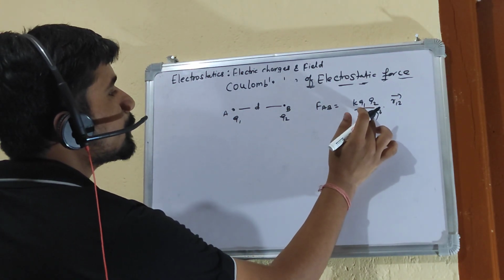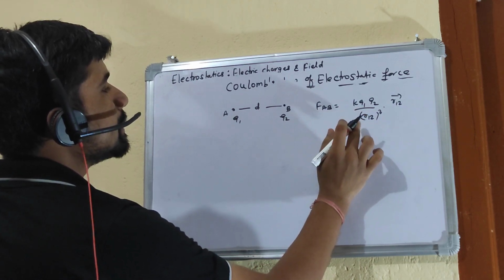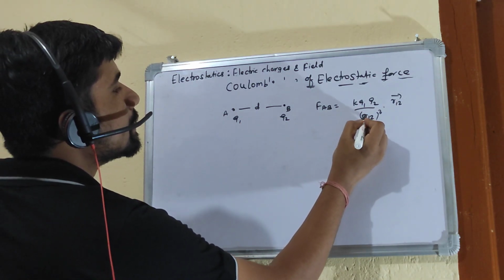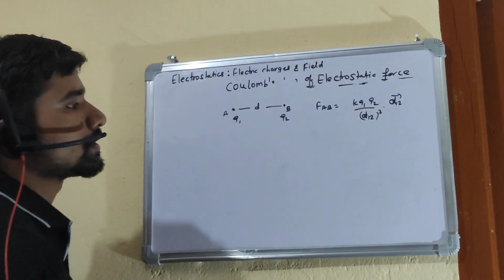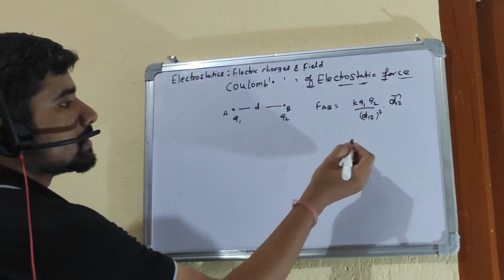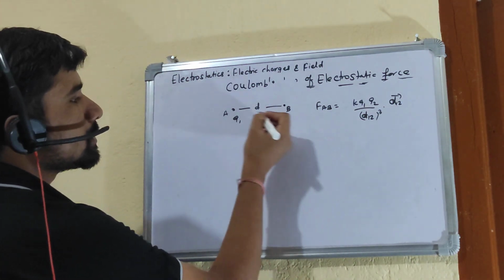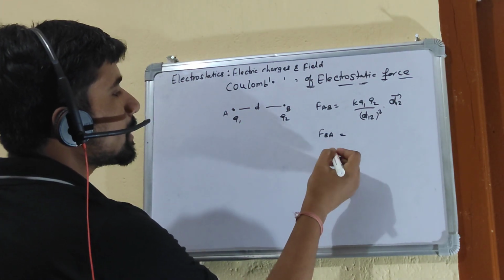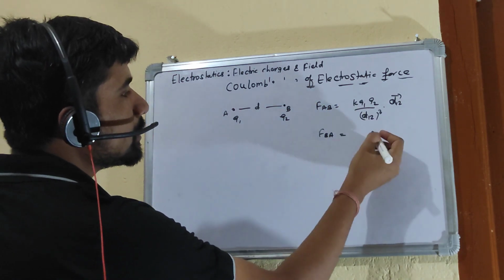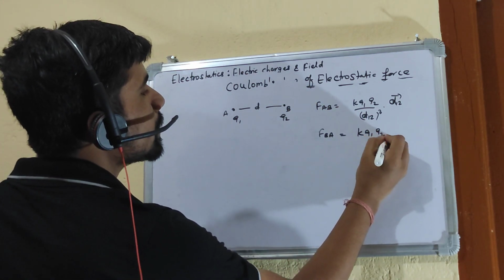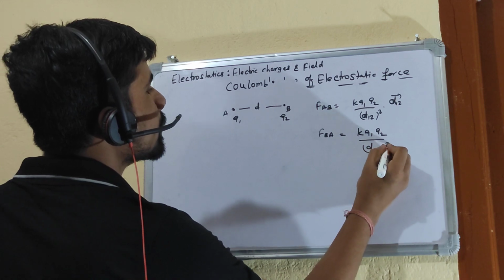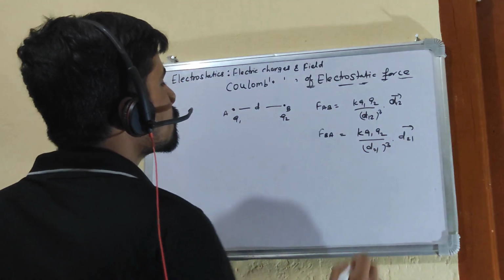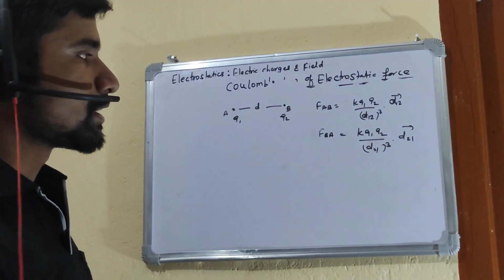If we are talking about d here, this will be d12 vector, the position vector. The magnitude of d12 is obviously d, and force exerted by A on B will be given by k Q1 Q2 by d21 cube into d21 vector. So this is what Coulomb's law is in vector form, right?